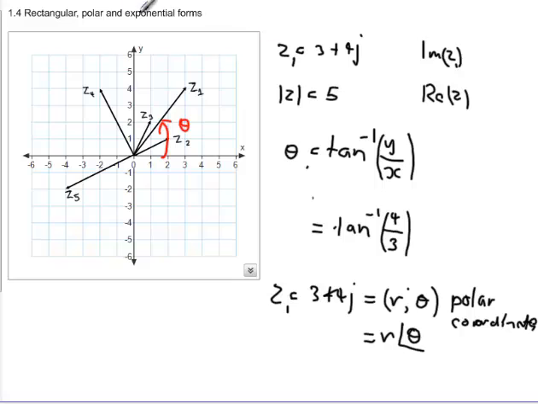X and Y are called the rectangular coordinates or Cartesian coordinates. So we can write a complex number in 2 different ways at the moment. One, in rectangular form using X and Y. Two, in polar coordinates using R and theta.